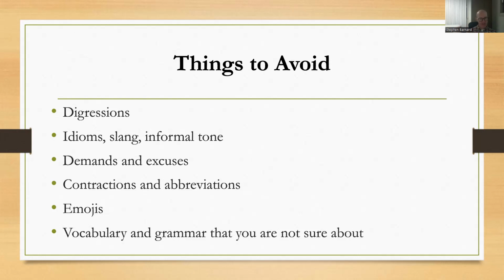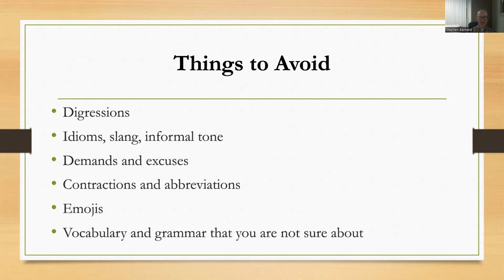The next one is not important for me, but it might be important for some professors, and that's to avoid contractions and abbreviations. This really doesn't concern me, but there are some professors who are quite strict about how they like to have emails written, and things like can't rather than cannot, or don't rather than do not, or STN rather than station.